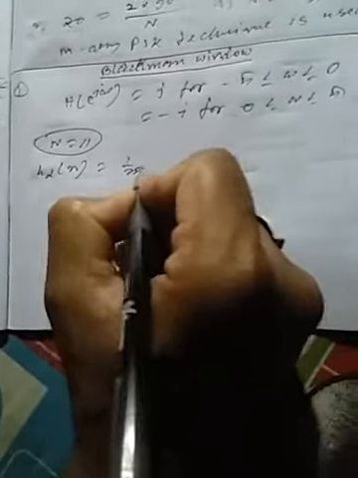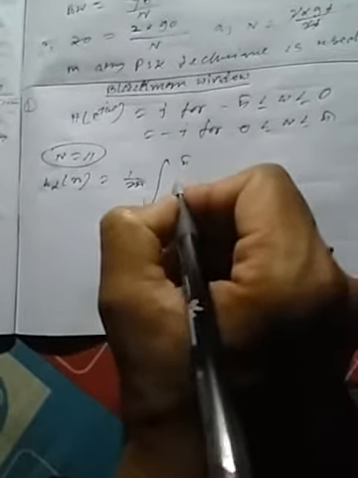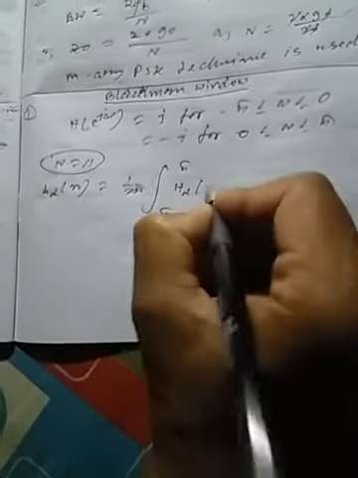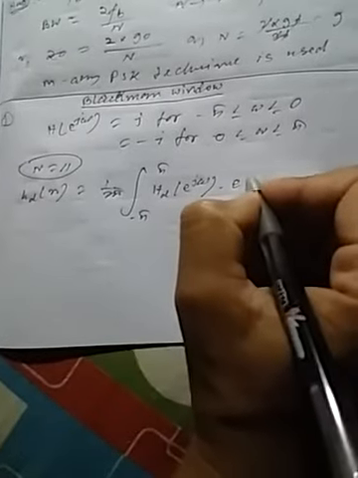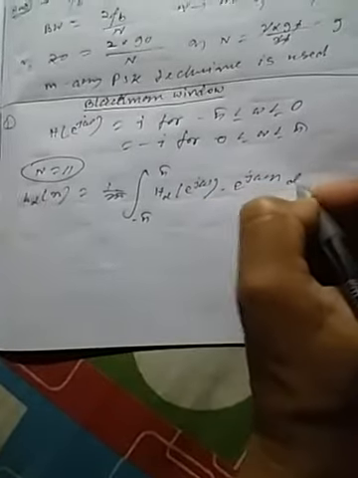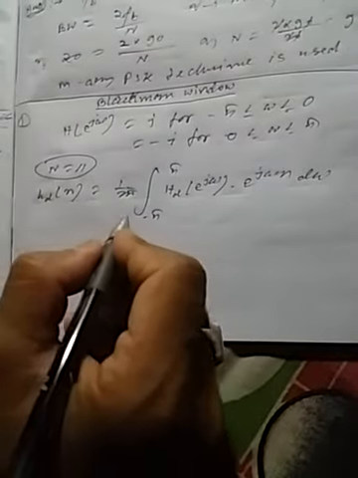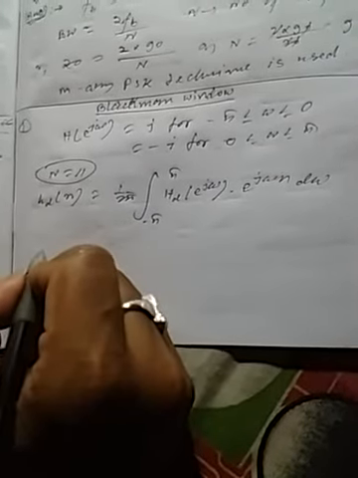At first, we have to find the desired impulse response of the filter, that is hd[n], which has the formula 1 by 2 pi integration over minus pi to pi of Hd e to the power j omega into e to the power j omega n d omega. This is the desired impulse response of the filter.